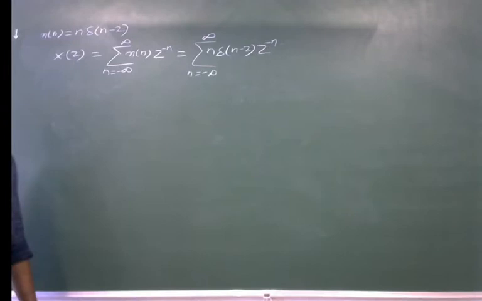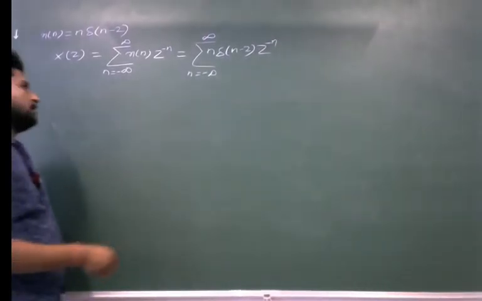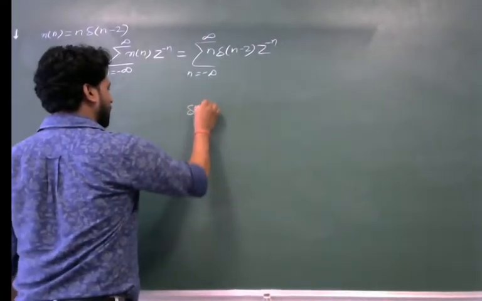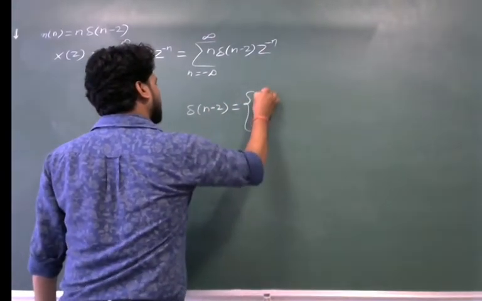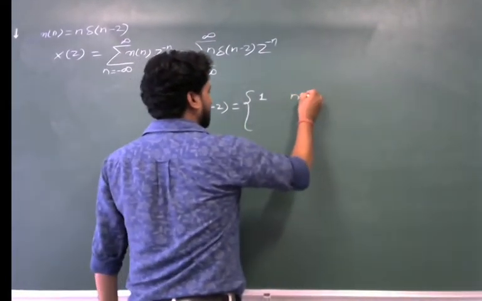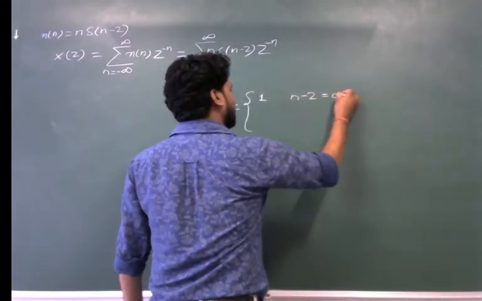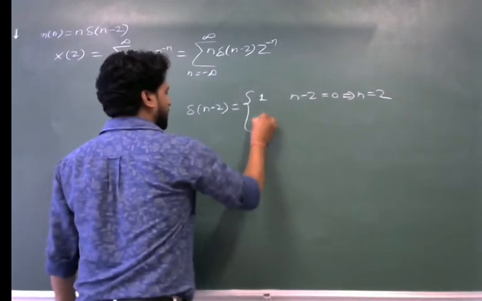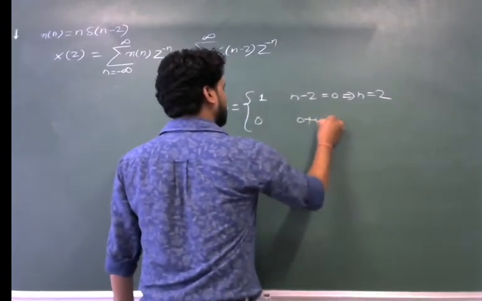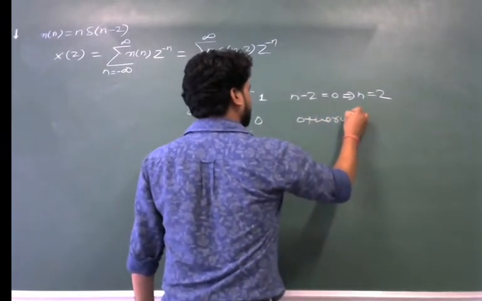Again, the value of this impulse function delta of n minus 2 will be equal to 1 when n minus 2 is equal to 0. This implies that when n is equal to 2, otherwise this will be equal to 0.